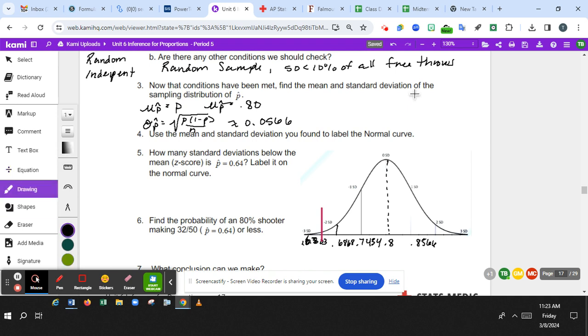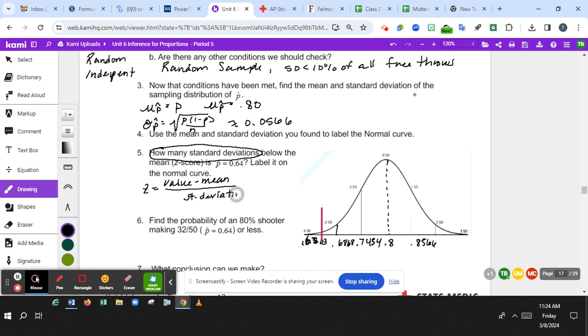So when you're asked a question like how many standard deviations, that's another way of asking me to find what? Good, a z-score. So remember, a z-score is the value minus the mean over the standard deviation.